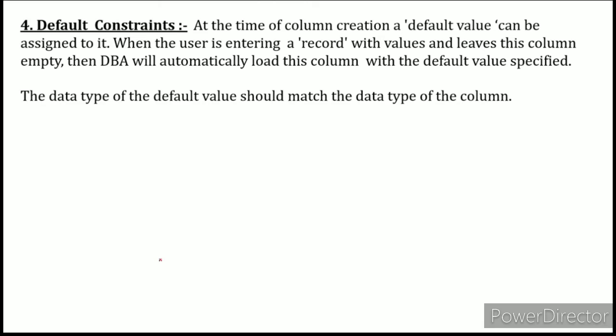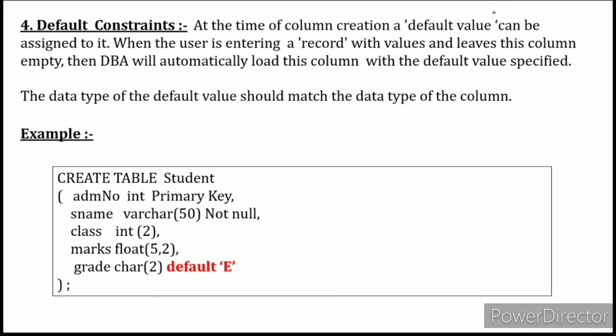Next is the default constraint. Default constraint means to assign a default value to the particular column. If the user does not enter any value in the column, at that time the DBMS will automatically insert the default value into the specified column. How is it declared? Just use the default keyword.